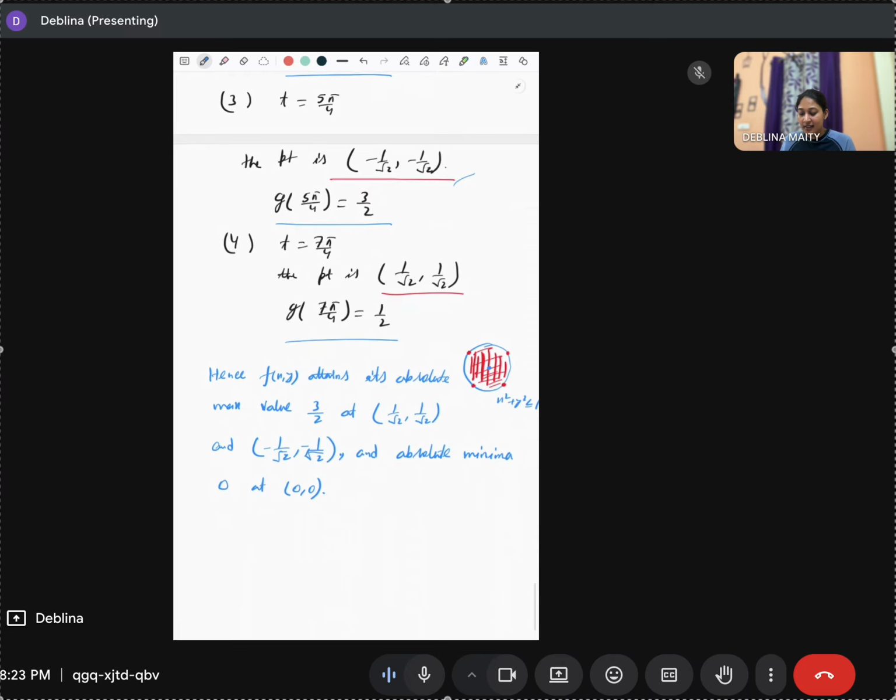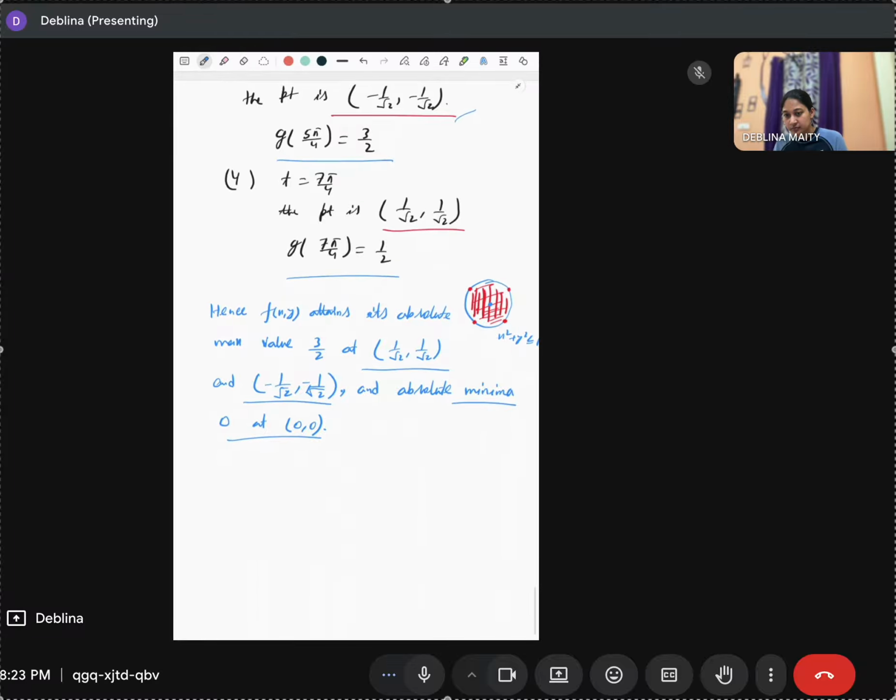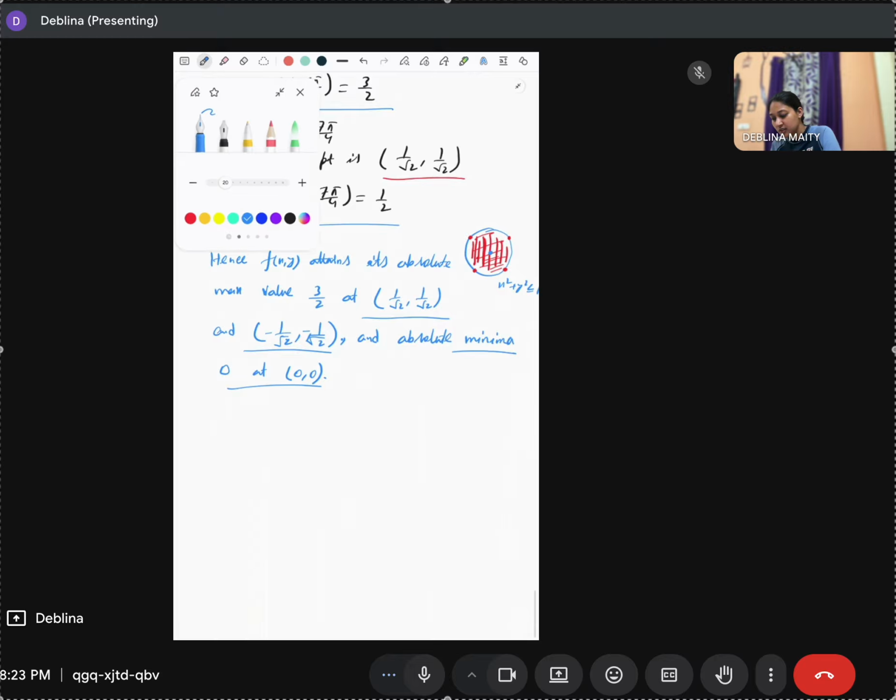So it has attained its maximum value 3 by 2 at these two points and its minimum value at the point (0, 0), right? Okay, we'll see another example.